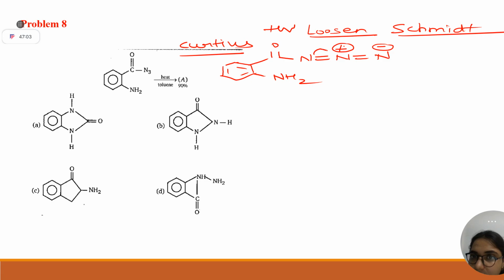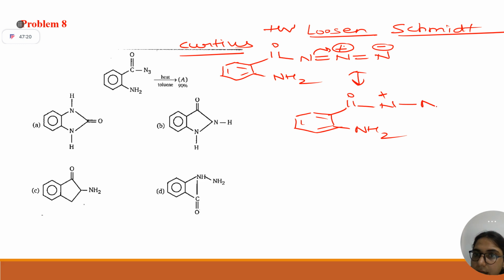Now what can you do? Another resonating form possible for this is this: NH2, CO, nitrogen positive as one bond is pushed there, and it will be N negative. Another possibility is that this can go this way.